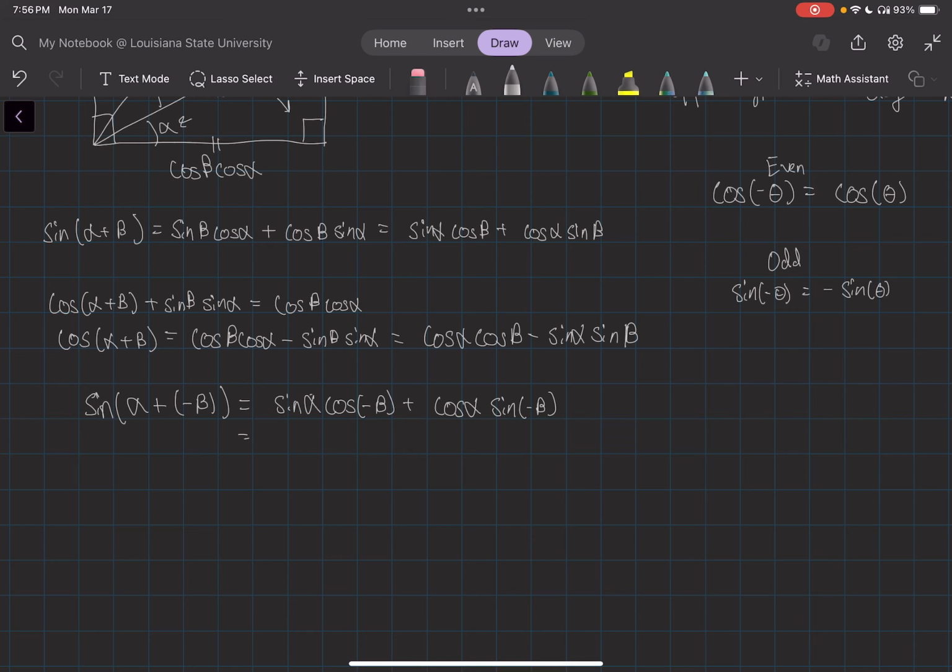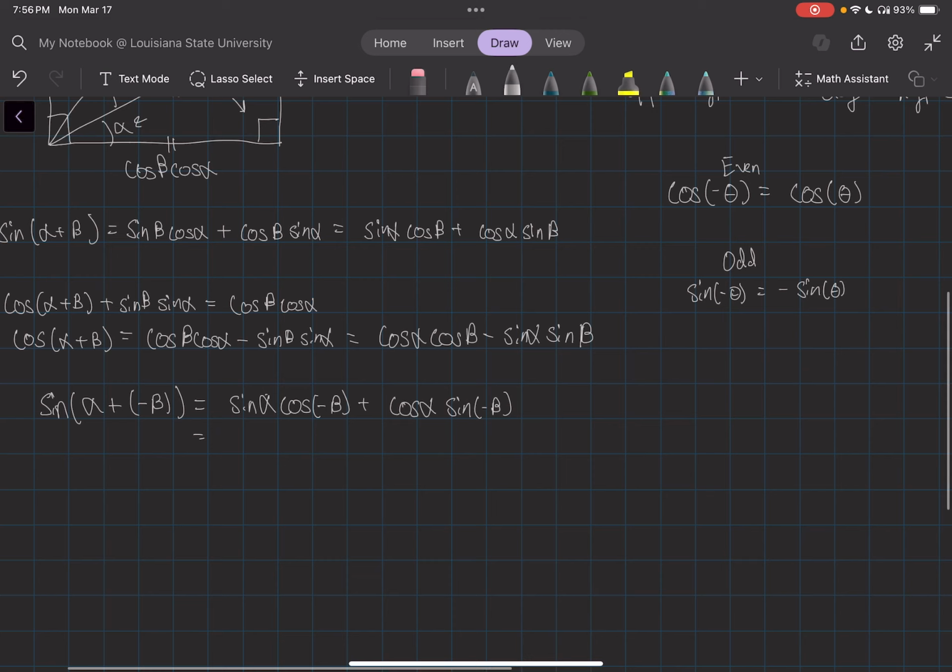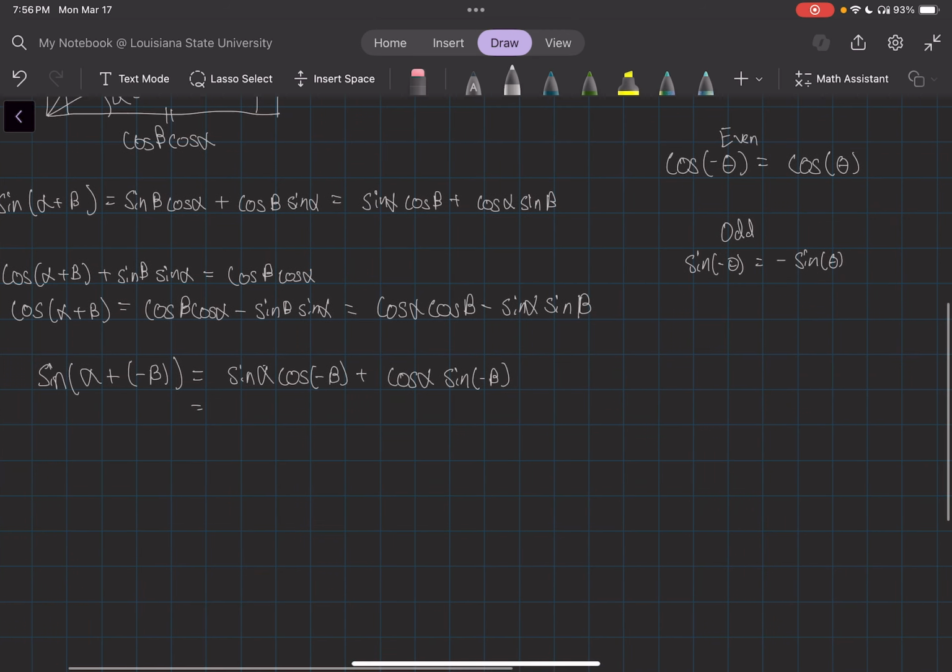And using the odd and even properties of sine and cosine, we can say that cosine of negative beta is just going to be equivalent to cosine of positive beta. And then sine of negative beta is going to be negative sine of beta, and then instead of writing cosine of alpha times negative sine beta, we could just say minus cosine of alpha times sine of beta.